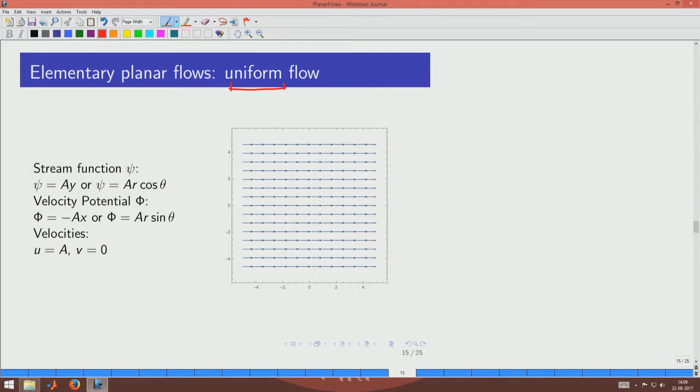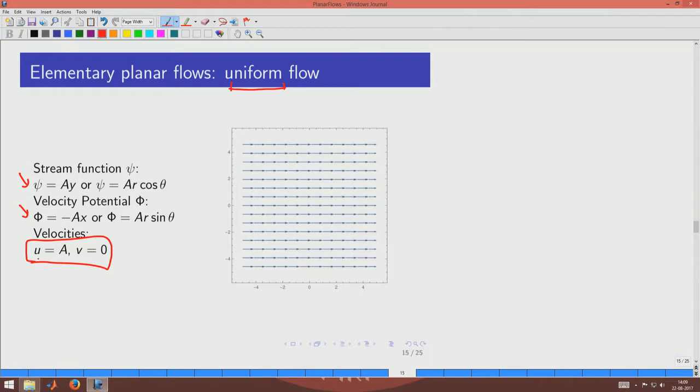You could have phi or psi which is ay or minus ax, which means that it is a potential flow, and we could generate it either through the stream function or through the velocity potential, and the velocity itself is given in this manner here.